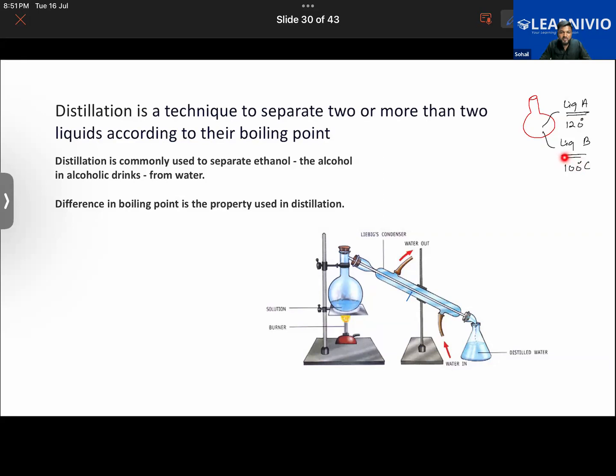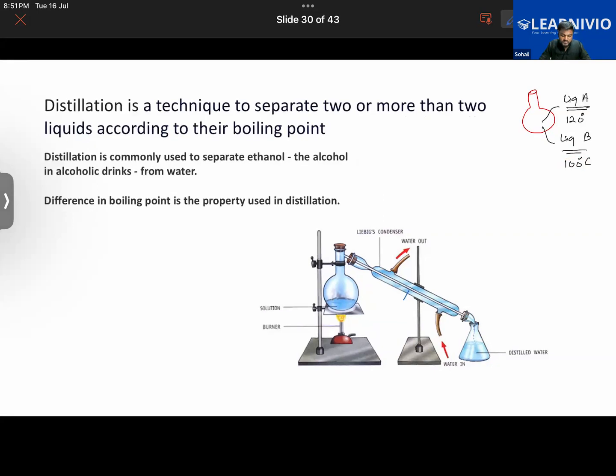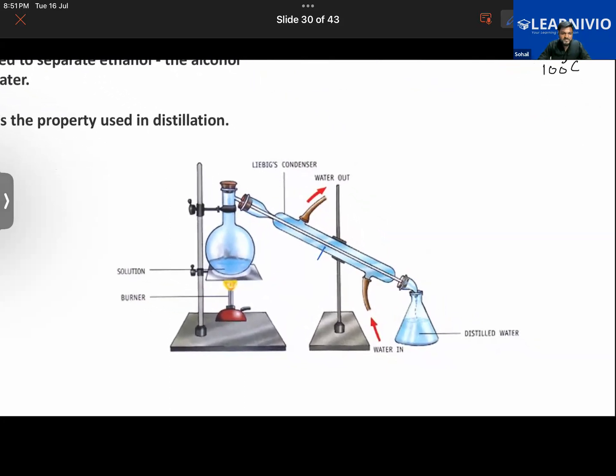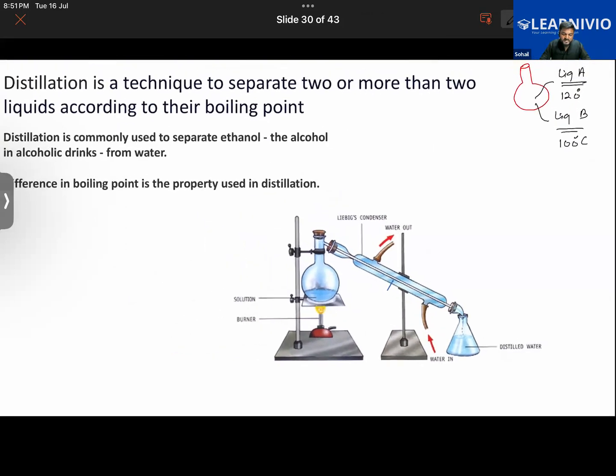How are we going to do this? Now look over the setup. We have taken a glass flask, and in it we have first put the mixture of the two liquids A and B, and we start to heat the mixture. First of all, we will increase the temperature to 100 degrees Celsius.